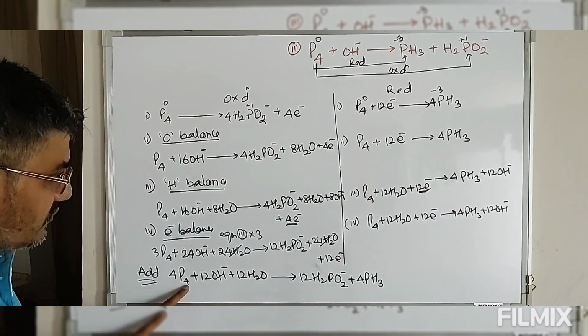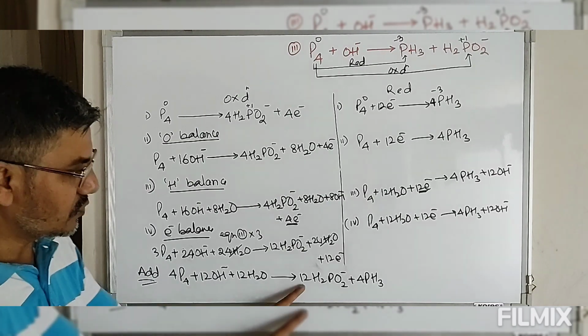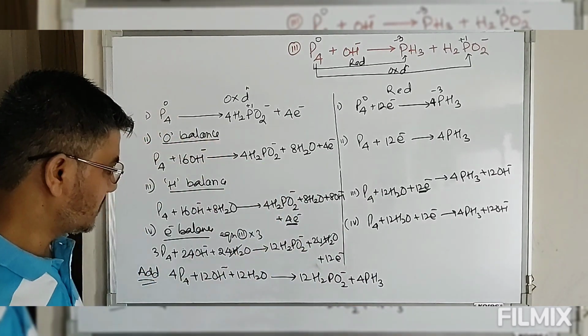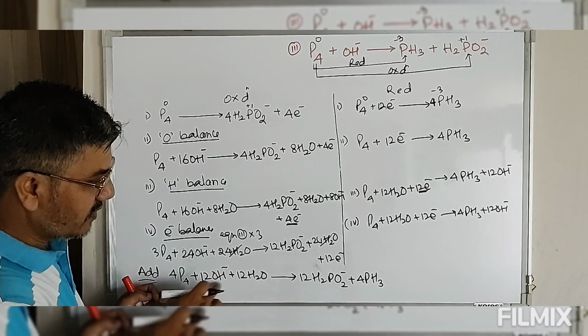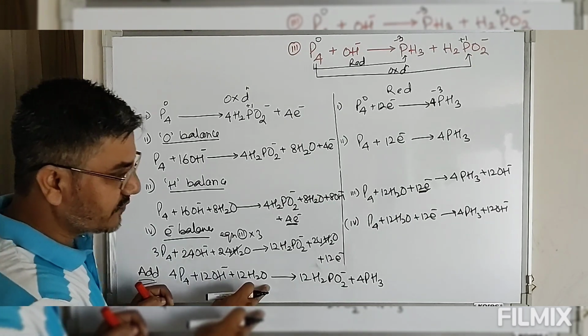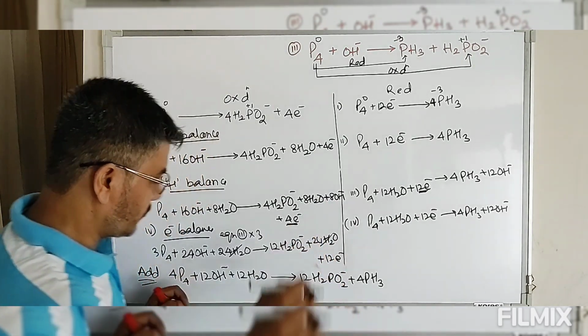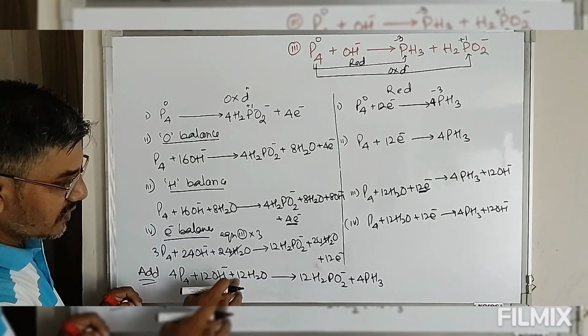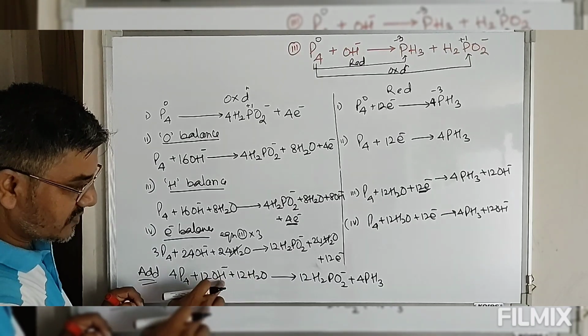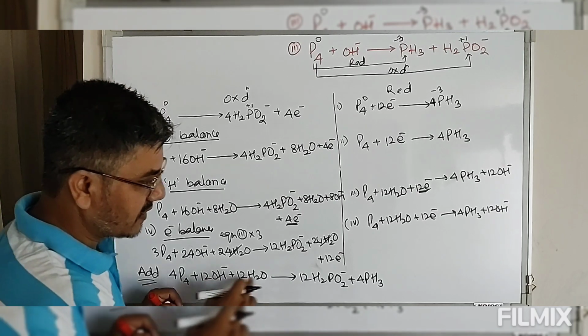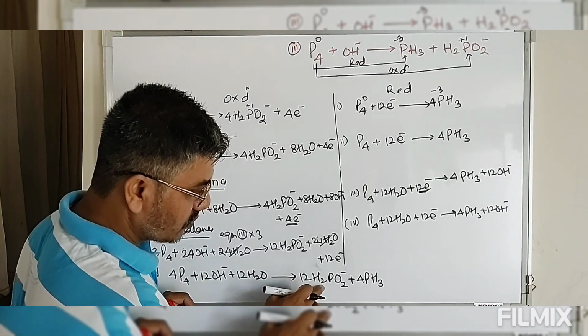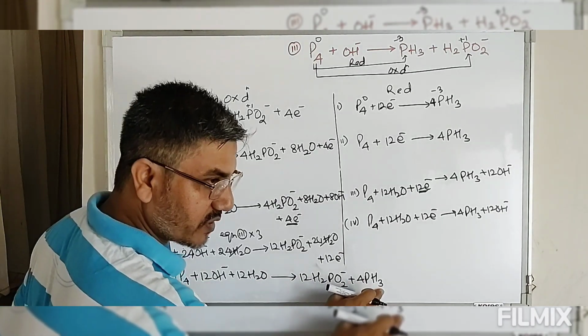Phosphorus: 4 into 4, 16, so 12 plus 4, 16. Oxygen: 12 plus 12, 24, 12 into 2, 24. Hydrogen: 12 into 2, 24, 24 plus 12, 36; 12 into 2, 24, 24 plus 12, 36.